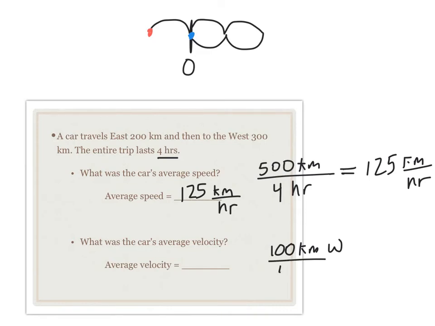The duration of the trip was 4 hours, so 100 divided by 4 is 25. So my average velocity is 25 kilometers per hour, and I have to provide a direction with that, which will be to the west, because that's where I ended up.